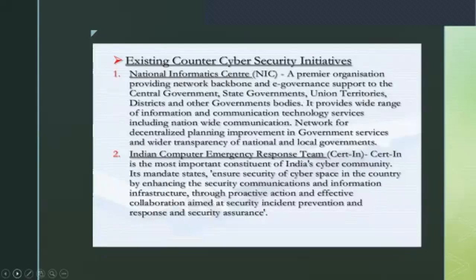It is responsible for creation and maintenance of government websites. A premier organization providing network backbone and e-government support to central government, state governments, and union territories. Different government sites are maintained by this.